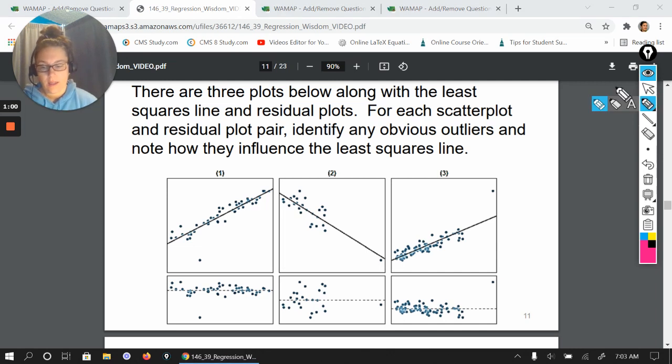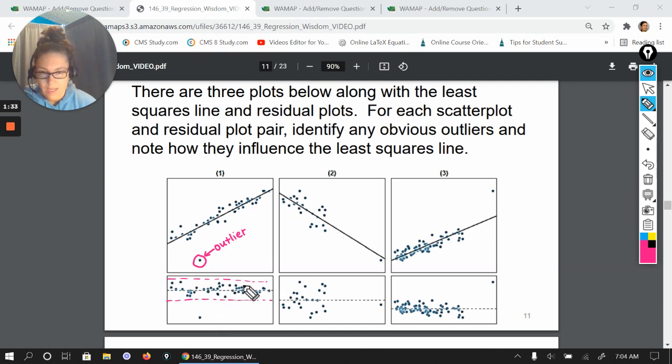Okay, let's take a look at the pair associated with number 1. So here's our least squares line, and then here's our residual plot down below. We can see that we do seem to have an outlier here. And if we look at our residual plot, it seems like we might have a band here, but still an outlier.